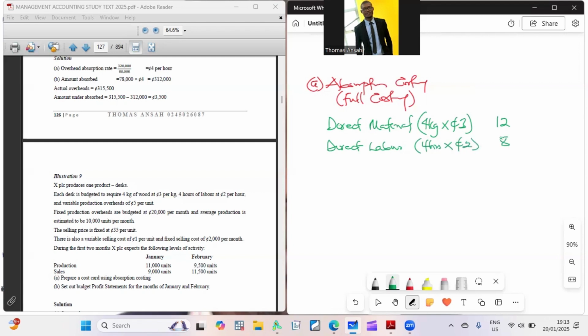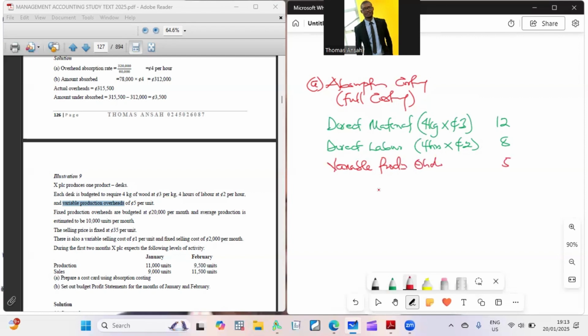So that makes it 8. Then we don't have direct expenses, but we have overheads. Don't forget, you add both fixed production overhead and variable production overhead. The question gave variable production overhead, which is 5.